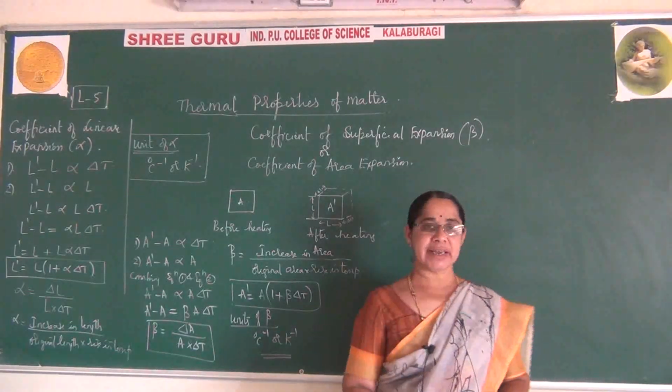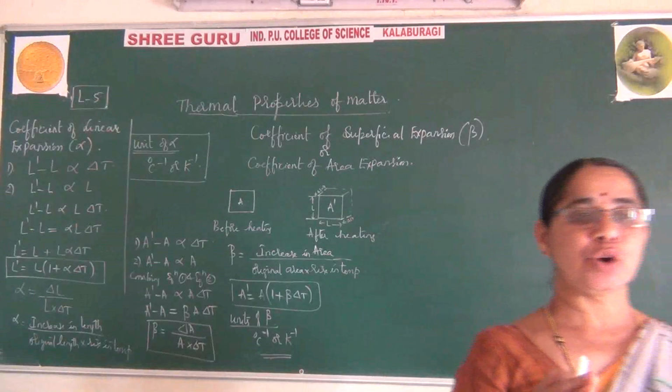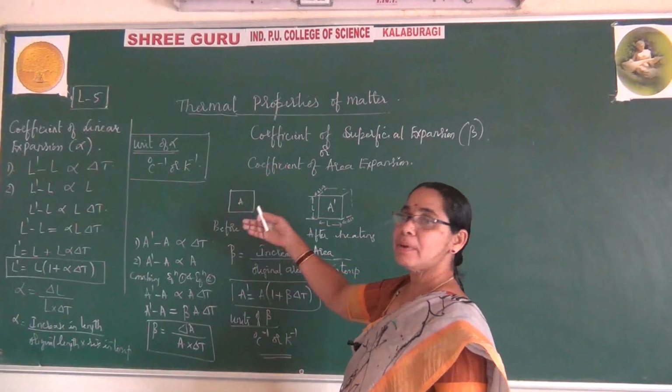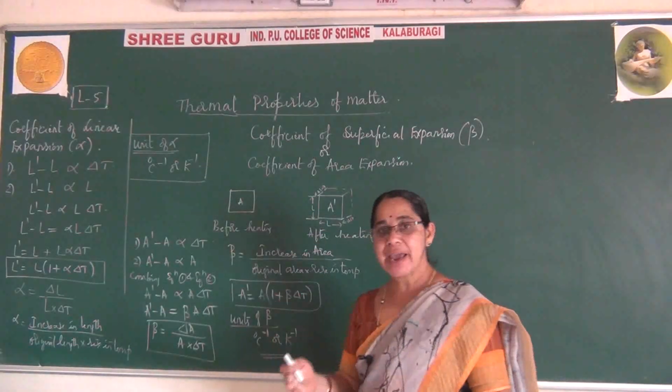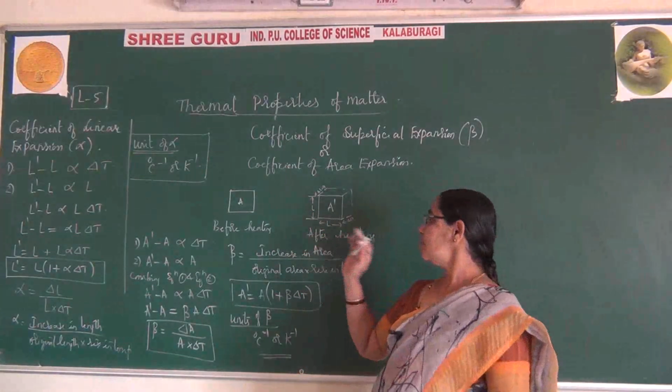Similarly, I can also explain the coefficient of cubical expansion, also called volume expansion. For this, I take the same help, but instead of using A, I use volume V. You can observe what changes.